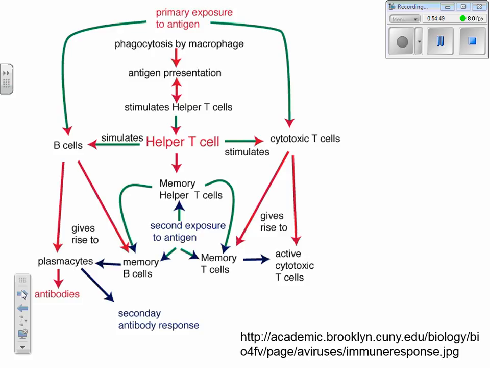But if you follow it through, you can see pretty much what's happening. There's one or two spelling errors on it. So we start off with primary exposure to the antigen at the top. The antigen, we can assume, is on the surface of a bacterium or something, and a macrophage, well, let's say a neutrophil, a white blood cell, will engulf the bacterium, and the antigens will then appear on the surface.